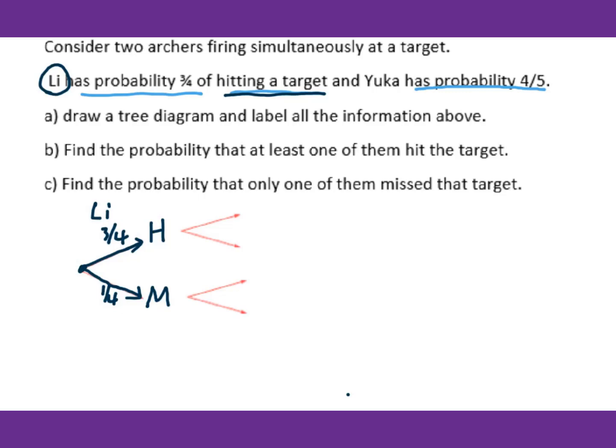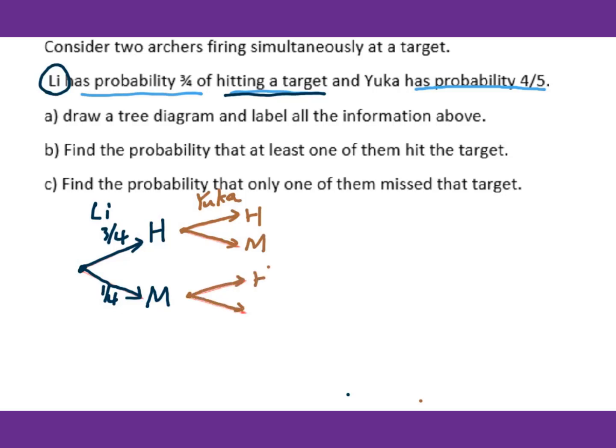Then it's for Yuka's turn. When Lee hit the target, Yuka fired. There are 2 results also. So from Yuka, I have a hit and missing. Same thing. After Lee missed the target, then Yuka has 2 possible results.